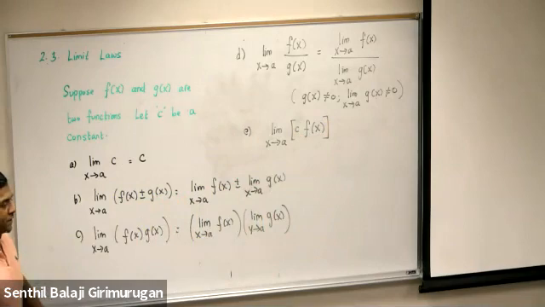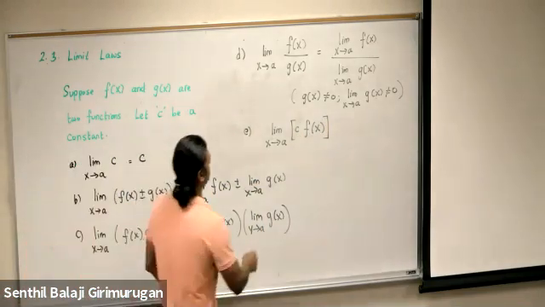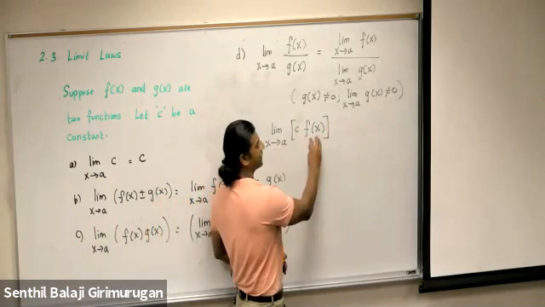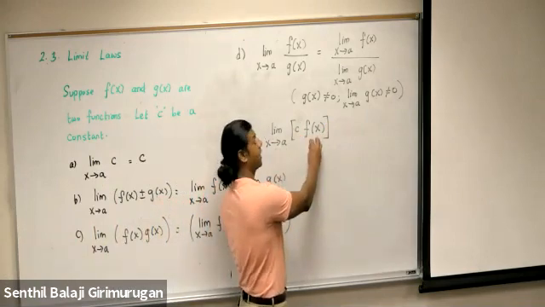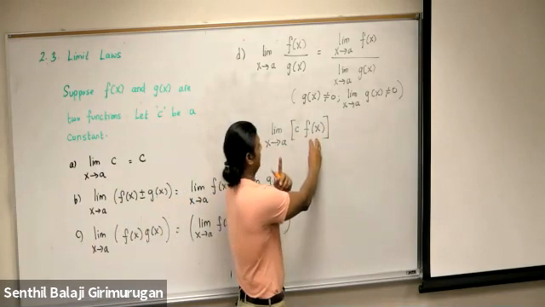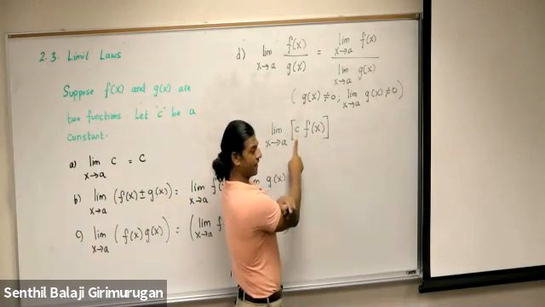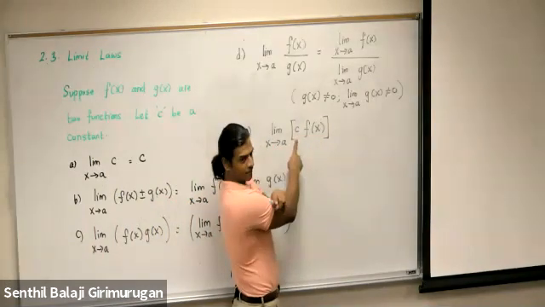Let's see if you can put 2 and 2 together. Or to be precise, A and C together. And come up with multiplying C and f of x, multiplying C with the limit. So I'm going to apply the limit for x, or f of x, right? What do we know about C? C is a constant.